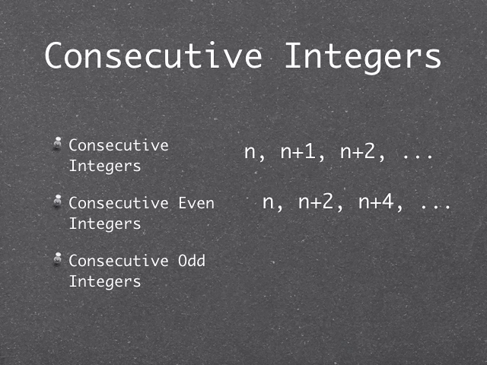Now if you have odd integers, don't get thrown off on this one. If your first one is n, if you're sitting at 11, how far away is 13? It's just 2 away. So regardless of whether you have consecutive even integers or consecutive odd integers, you can use n, n plus 2, and n plus 4 for your variables.